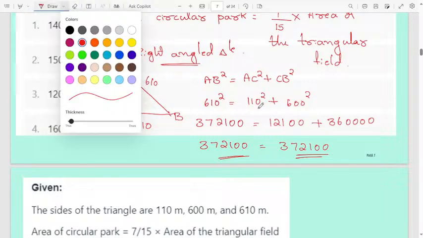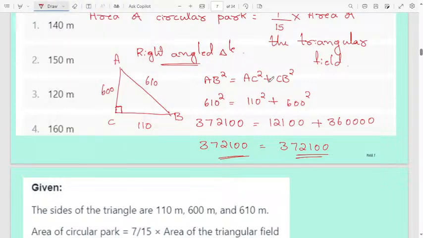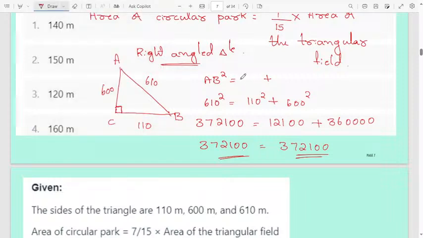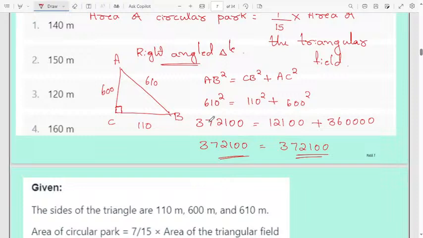Then here also I will change, wait a minute. Here 110 means CB square, 600 means AC square. Always consider the smaller value as the base, and the hypotenuse is the bigger value. Then AC and these two will be similar. Okay, like that take.